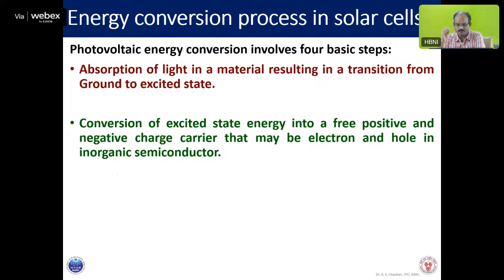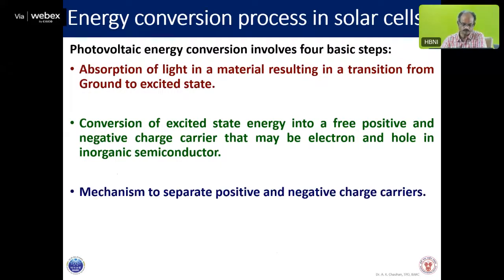this absorption of light will create an electron hole pair, but they are bound. Then this electron hole pair has to be separated. Then there needs to be a mechanism to separate positive and negative charge carriers.